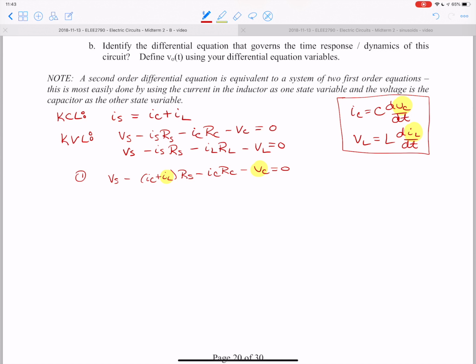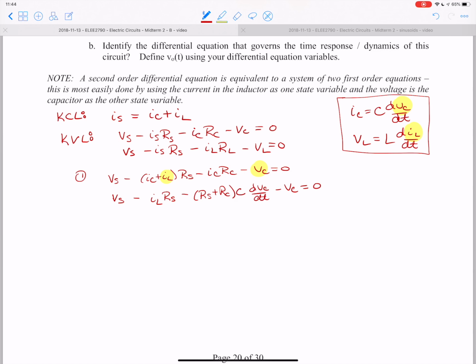So, rearranging slightly, we get Vs minus ILRS minus, now we're going to join together the Rs and the RC components, and we're going to replace IC with C dVc by dt minus Vc is equal to 0.